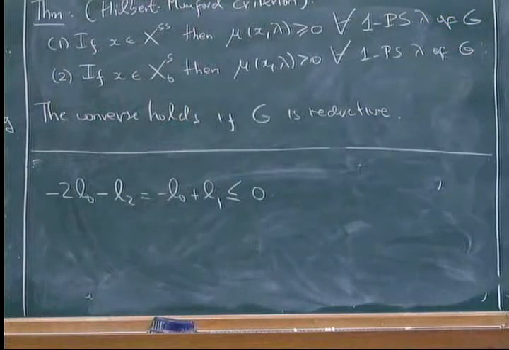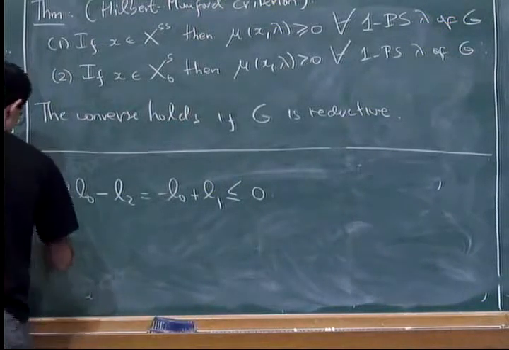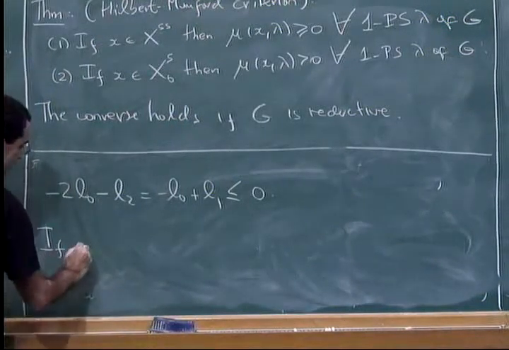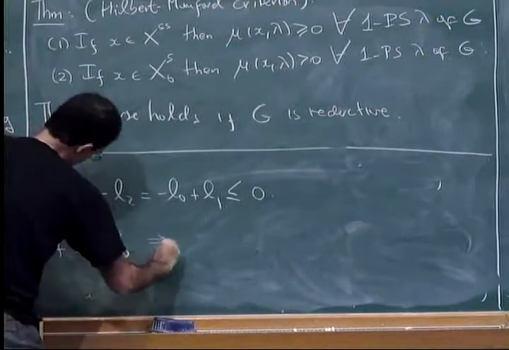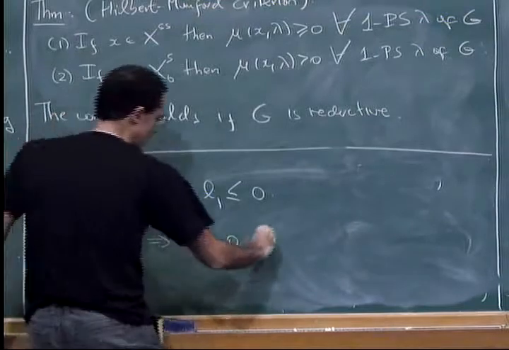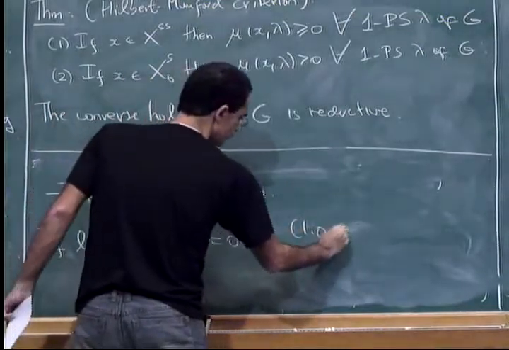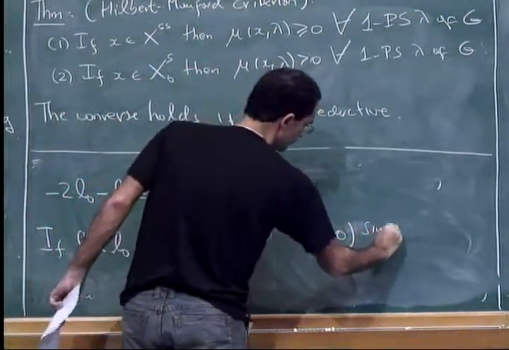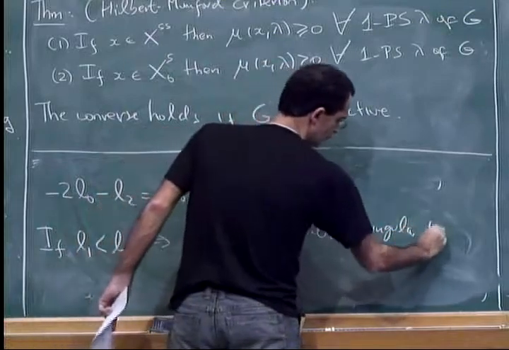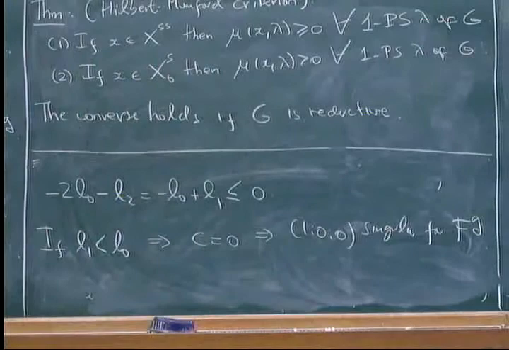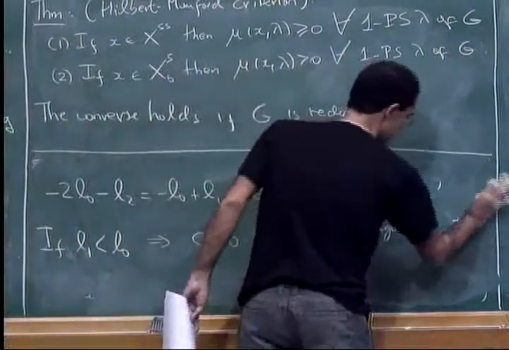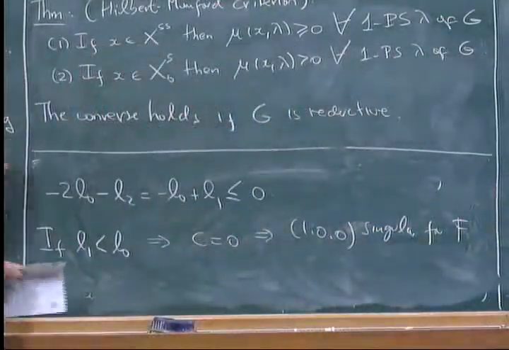It could be 0. Right? If it's non-zero, that is, if L1 is strictly less than L naught, then C must be 0, and then we get a singular point. That then finishes because then we have a singular point for H as well.